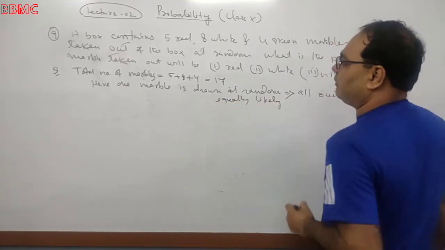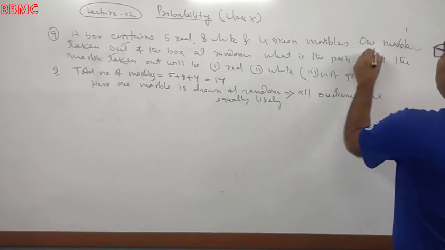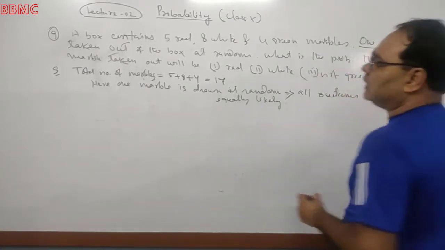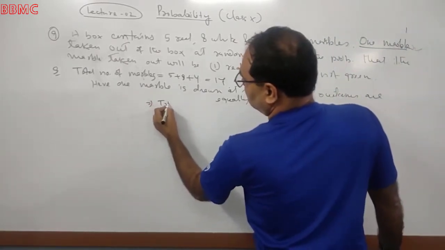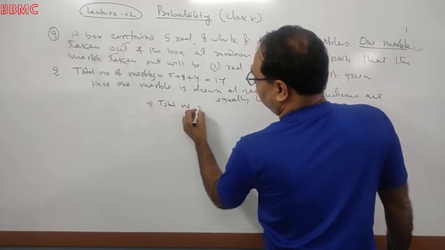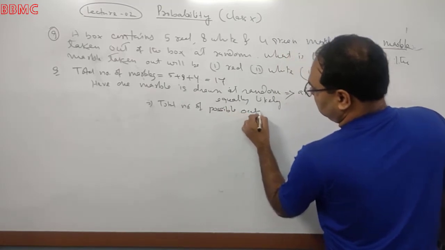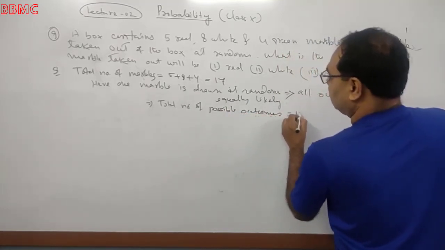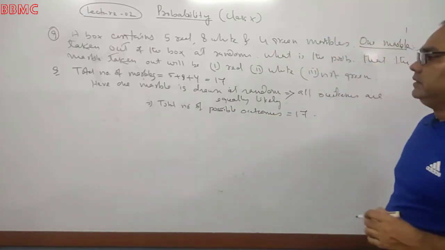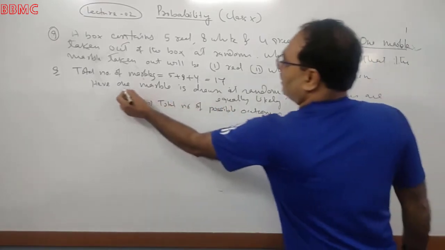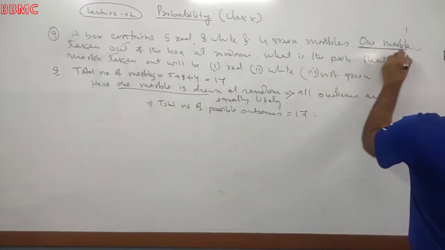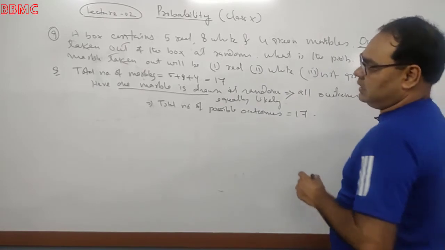Okay, one marble. This implies the total number of possible outcomes is equal to 17. One marble is drawn at random, therefore all outcomes are equally likely.